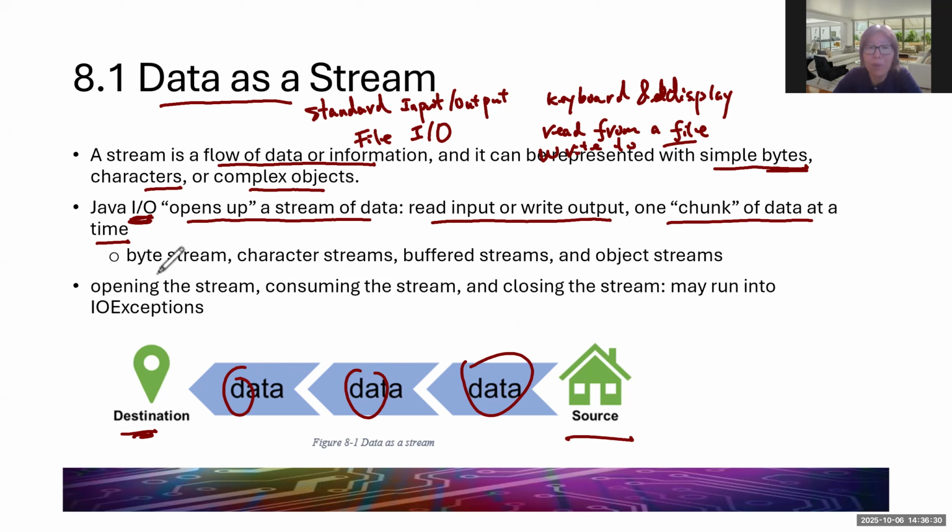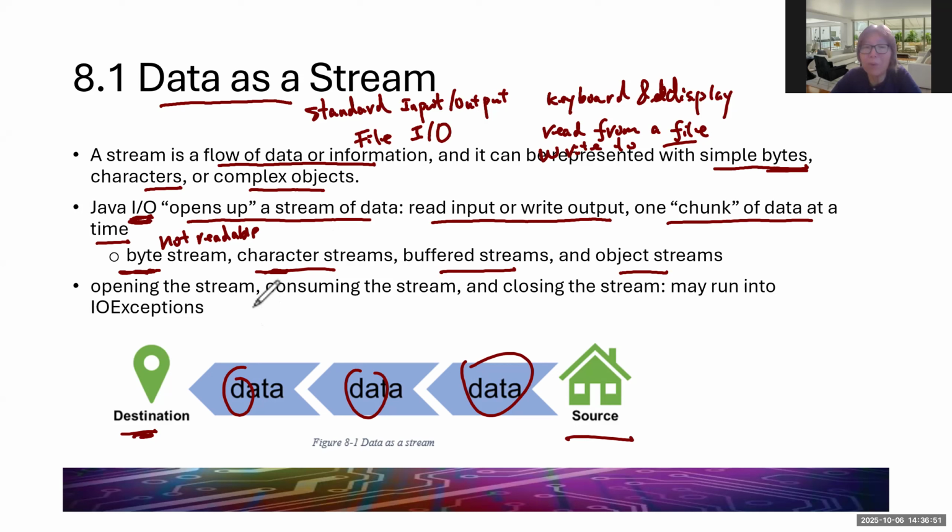And for streams, we can have byte streams, which are not human readable. Character streams, with ASCII, are readable. Then buffer streams and object streams.